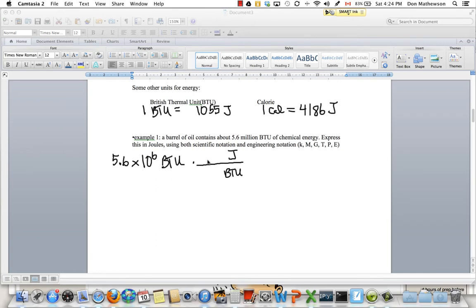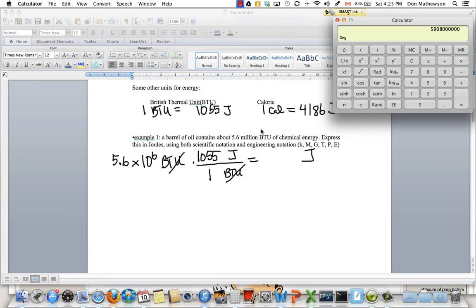Well, we see from above that 1 British thermal unit is 1,055 joules. So when we multiply this, we see that the BTU units will cancel out and we'll be left with joule units. Okay, so we just paused to multiply those together, and you see the result up over here. It's 5,908,000,000.